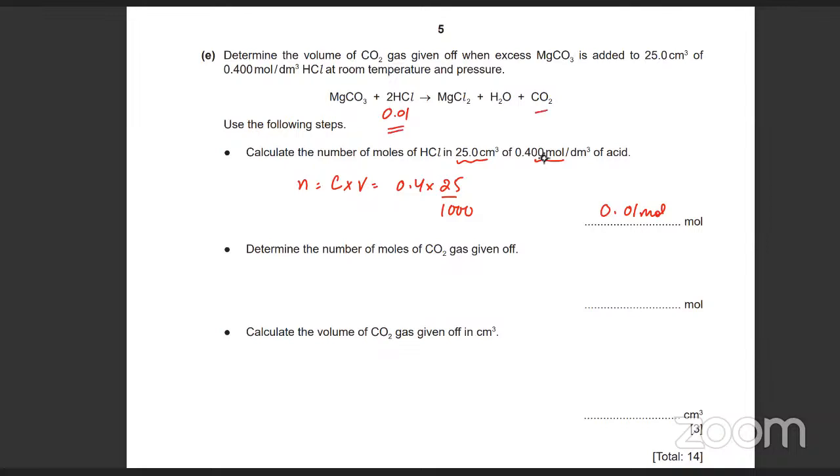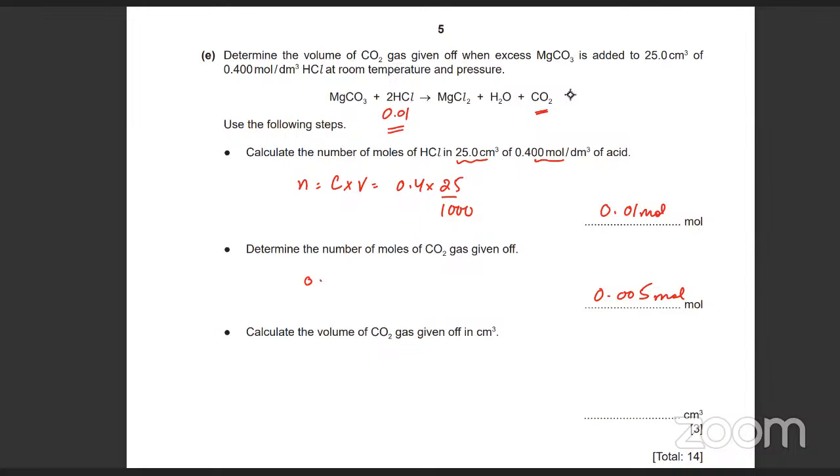So how many moles of CO2 will be produced? It's like 2:1, right? Half, 2:1. Is that clear? Yes. So take half of that, 0.005 moles.